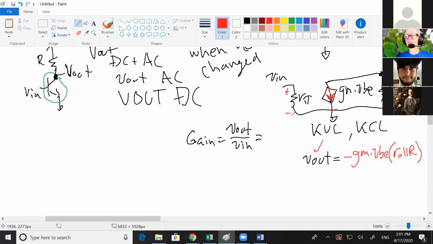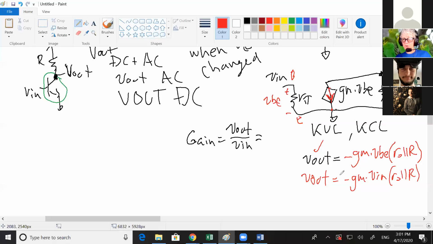What's the voltage across this resistor? Vn. It's Vn, and this is the base, and this is the emitter. Oh, Vn minus VBE. It is actually Vn is VBE, just because the emitter is connected to ground. So you get that. So you can rewrite this as minus Gm times Vn, Ro parallel R. And you say, well, wait a minute, what I want is gain, and that's V out over Vn.